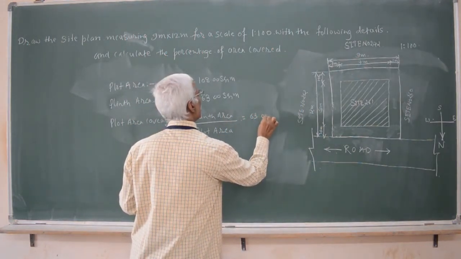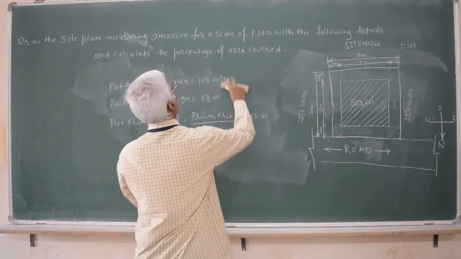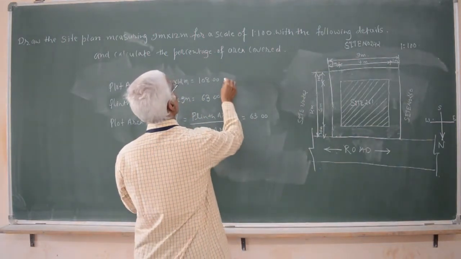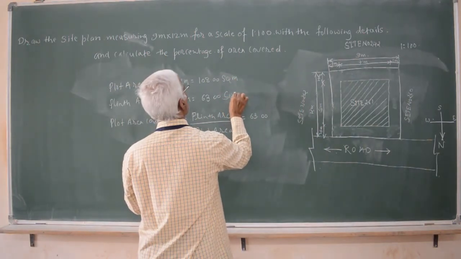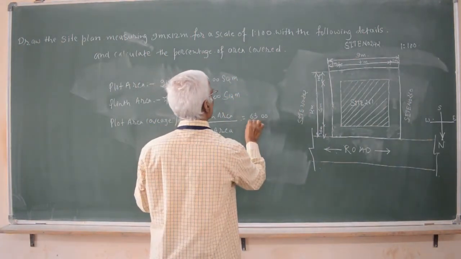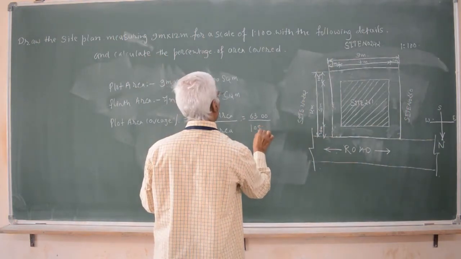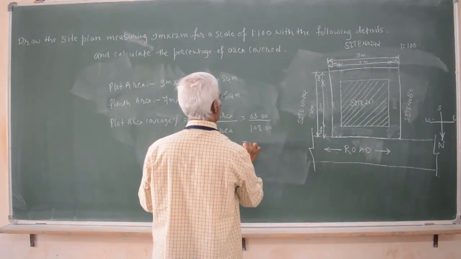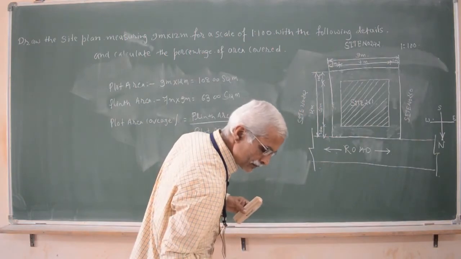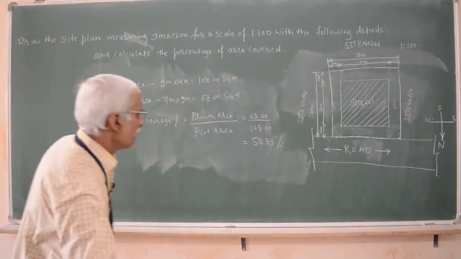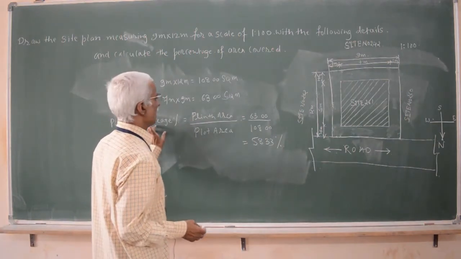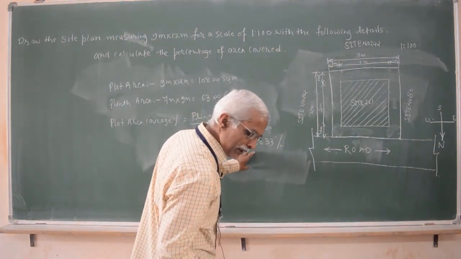That is 63.00 divided by 108. That is the percentage area coverage, that is 58.33.